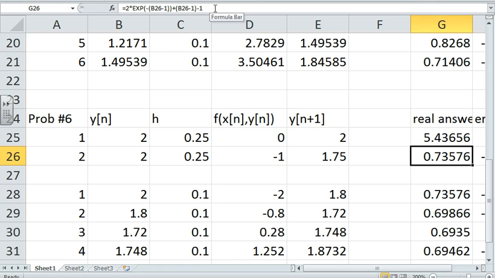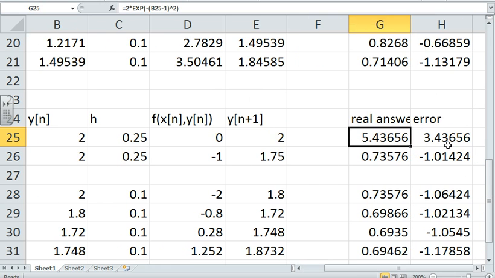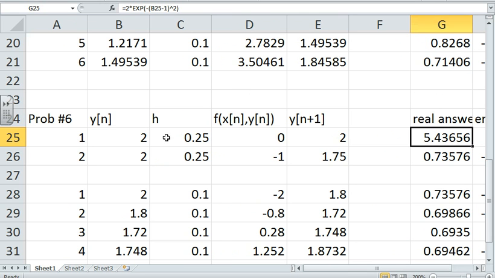Boom. Oh, that doesn't look good. Wait a minute, let's look at it again. I got 2e to the minus x squared. So that should be 2 to the 0. Yeah, so that looks right. Obviously, I've got a big error, though. That's not cool, but that is probably okay.